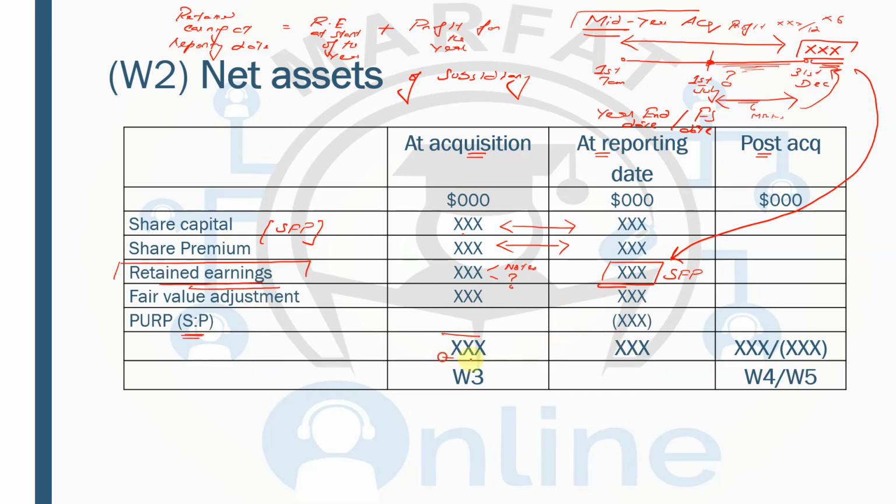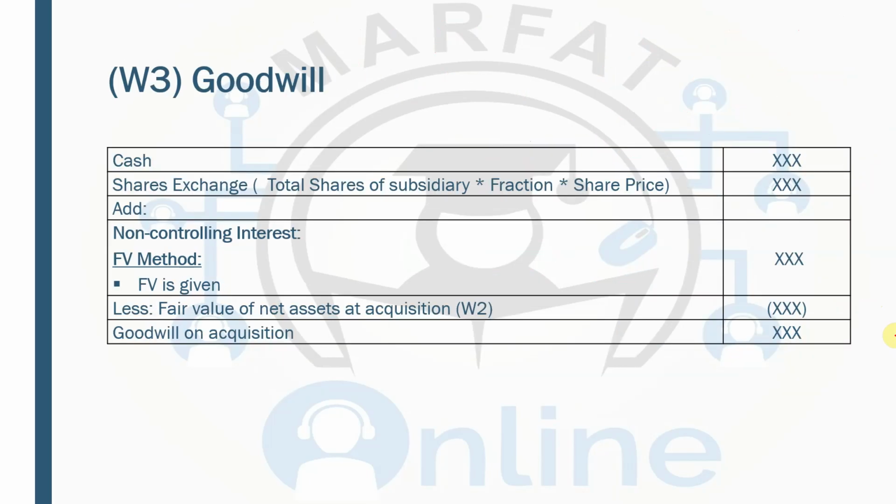This figure will be called net assets at acquisition, and this figure will be called net assets at reporting date. The difference of these two figures is the net assets post acquisition. This post acquisition amount will be shared between the parent and the non-controlling interest, which is the percentage not acquired by the parent. So this is working number 2, the net assets of subsidiary.